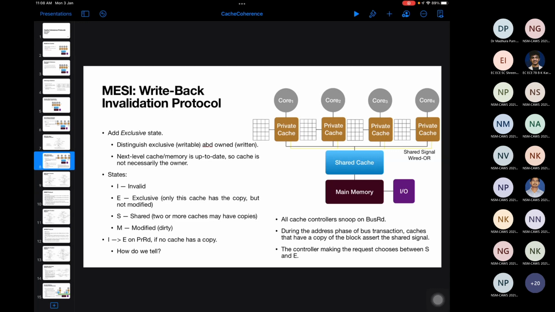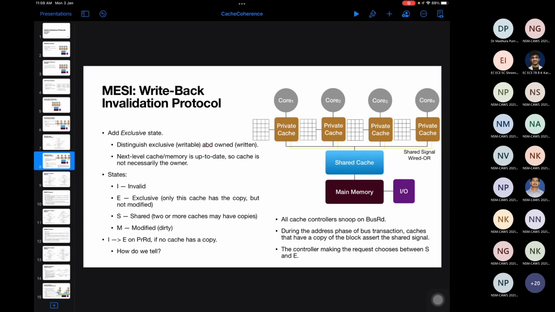Now we have to bring the data, but in which state is this particular block going to be placed? Is it S state or E state? We put it in E state if no other private cache has that copy of the data; then we straight away put it in E state. If any of the other caches have the data, then automatically we have to put it in S state.